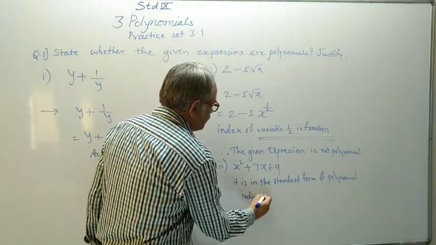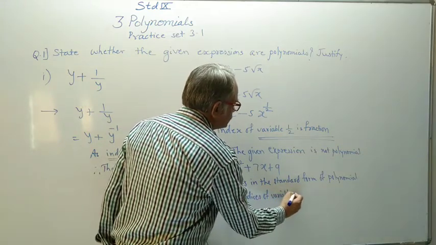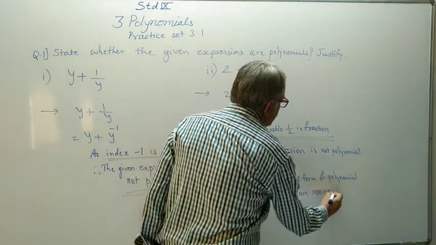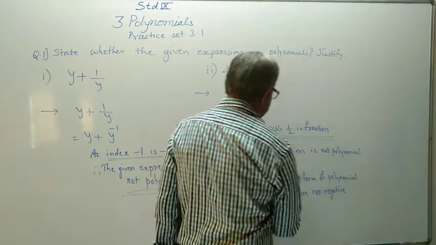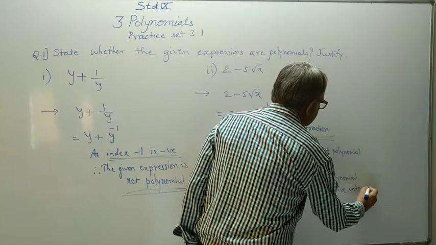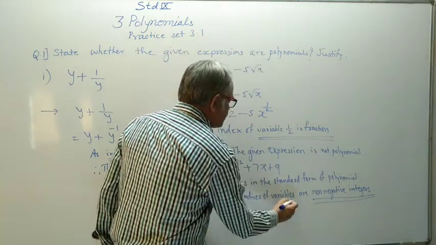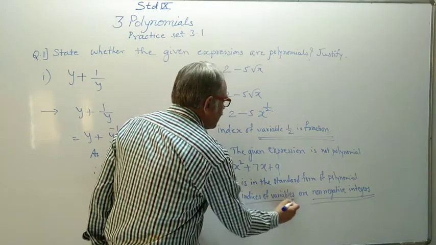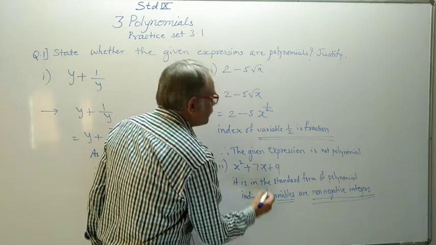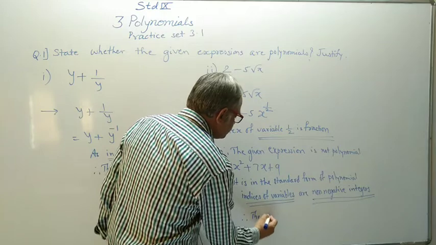Indices of variables are non-negative integers, either positive or 0. The constant term has x raised to 0. Indices of variables are non-negative integers. Therefore, the given expression is a polynomial.